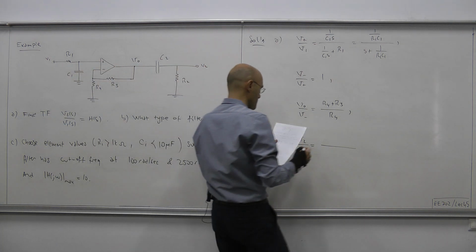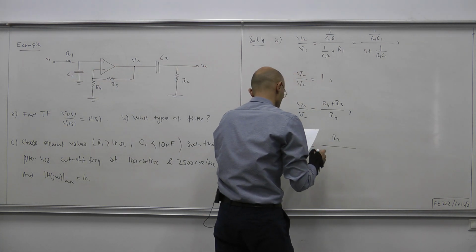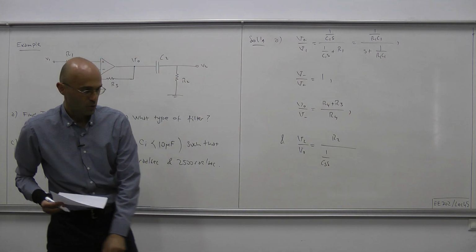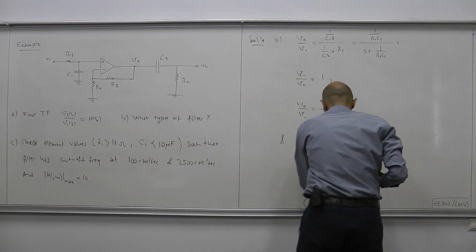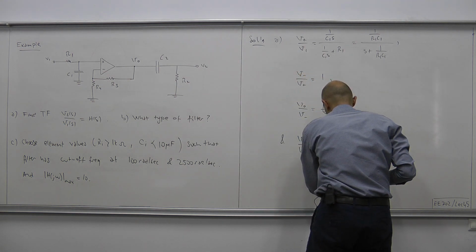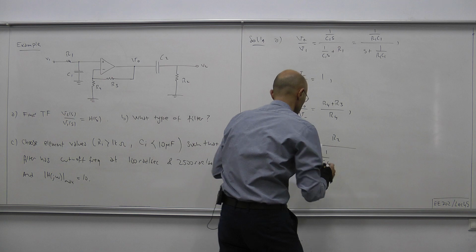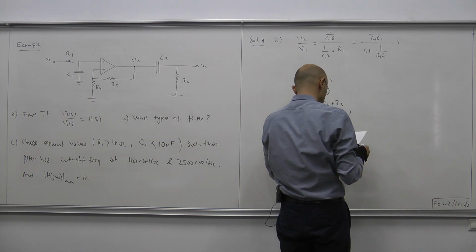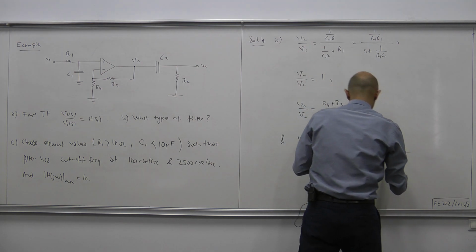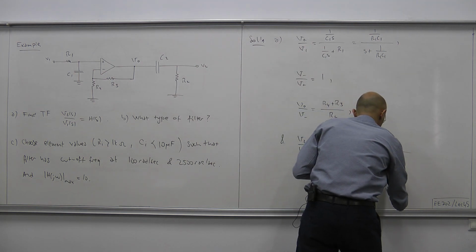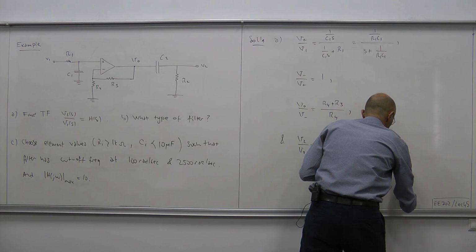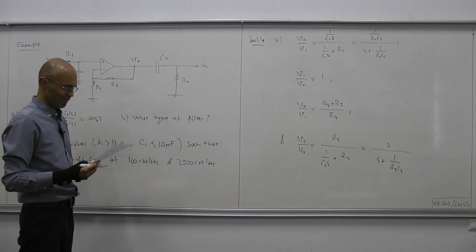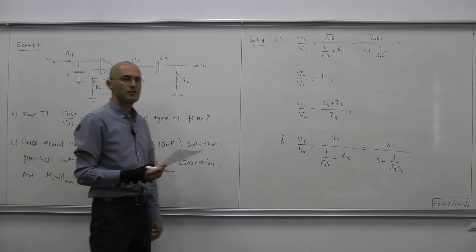So that produces R2 over 1 over C2S plus R2, and that simplified reads S over S plus 1 over R2 C2.